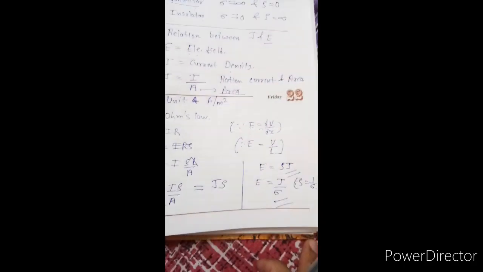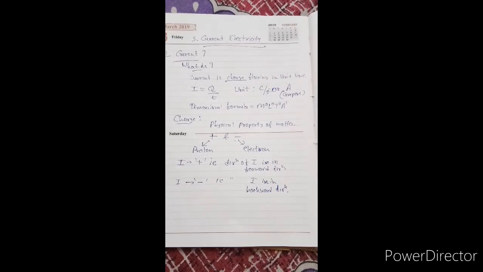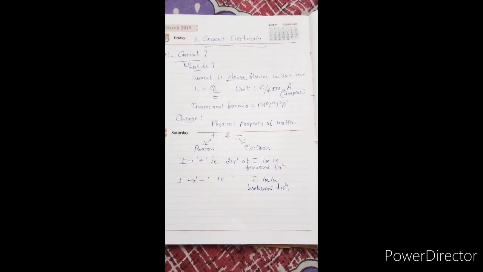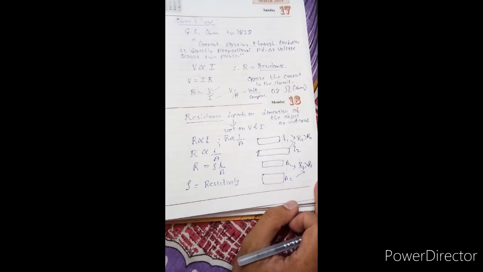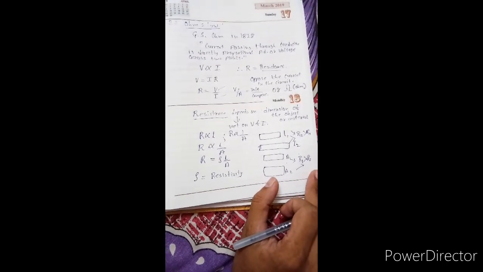Hope till now you have understood all these topics. First is current, what is current, what is charge. Then Ohm's law, who found Ohm's law, what is Ohm's law, what is resistance, and which quantities resistance depends on.